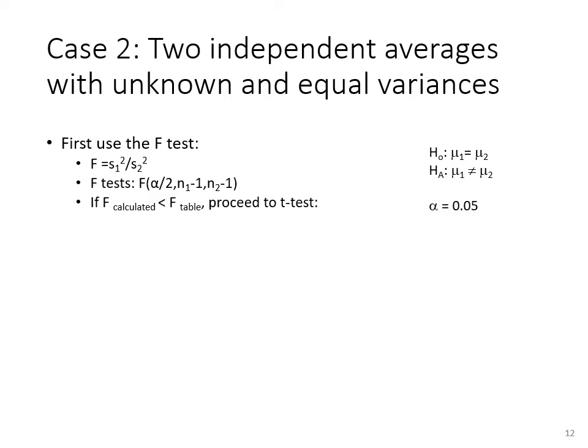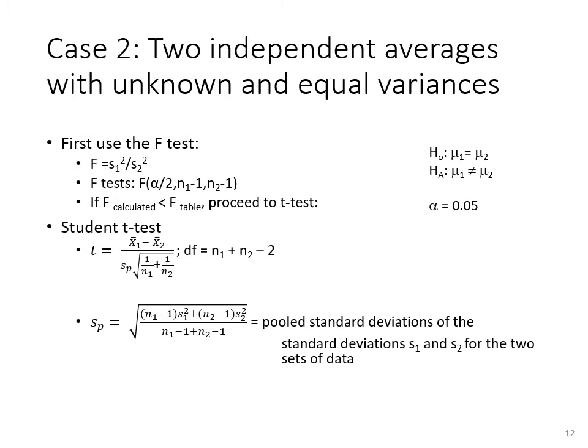The two variances are first subjected to the f-test. Note, S1 and S2 are the standard deviations of the two data sets or sets of observations. If the variances appear to be homogeneous, that is, they're not significantly different, then we'll proceed to the t-test. Note here, P is the pooled standard deviation of S1 and S2 for the two sets of data. So in this case, we used the f-test.